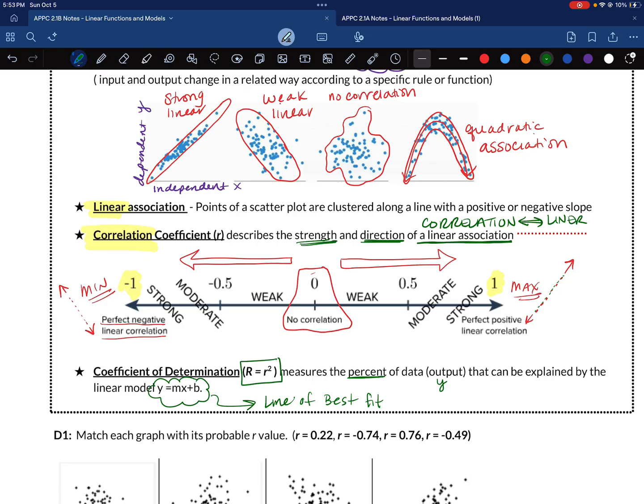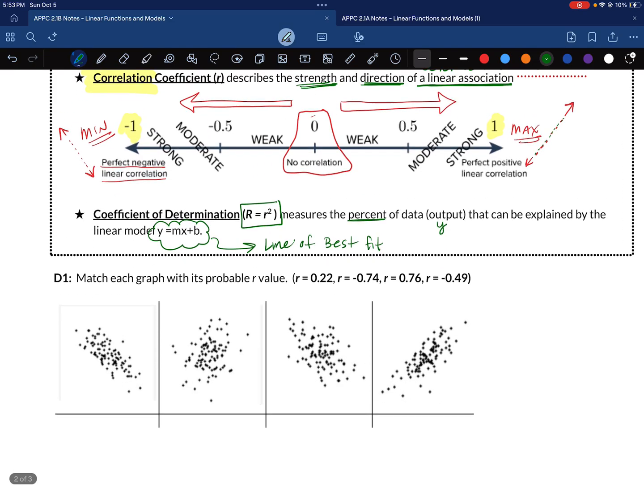Okay, so let's look at this first example. Can you match each graph with its probable R value? One of the first things to note is that this one should have a negative R value because it's got negative slope. This one over here should probably have a positive R value because it's got positive slope.